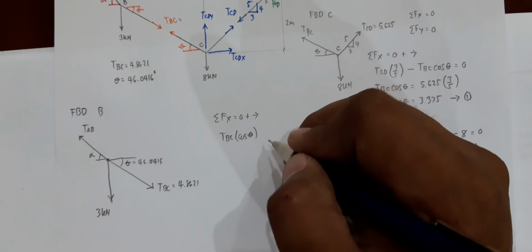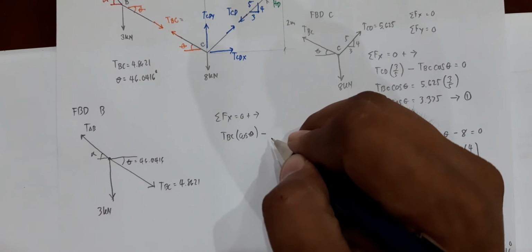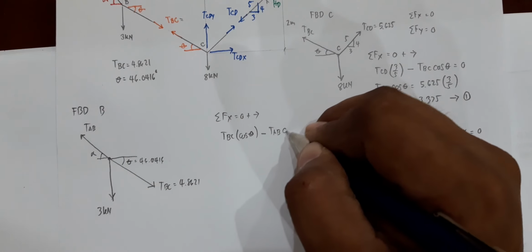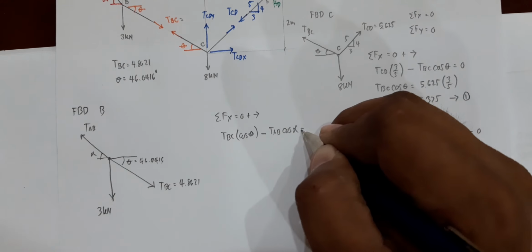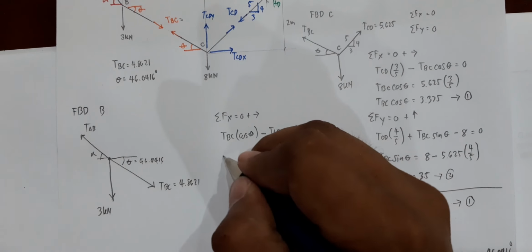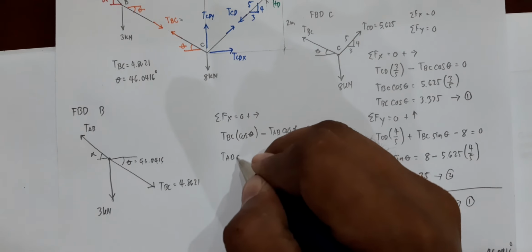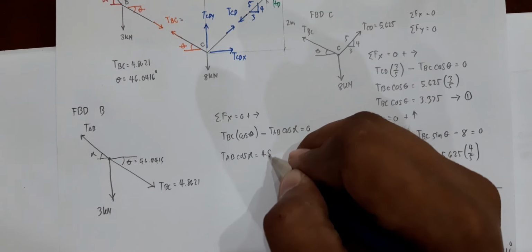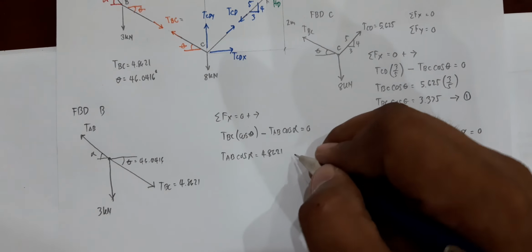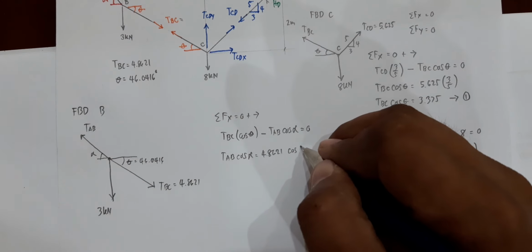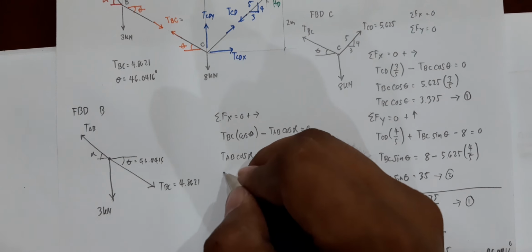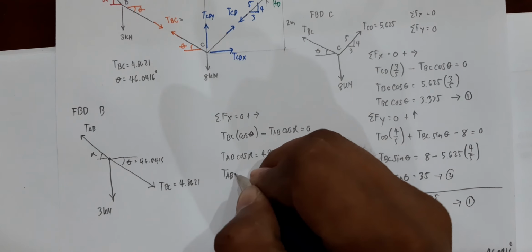And then along the opposite direction, you have TAB times the cosine of alpha. That would be equal to 0. Calculating for TAB cosine of alpha, you have 4.8621 times the cosine of 46.0416.